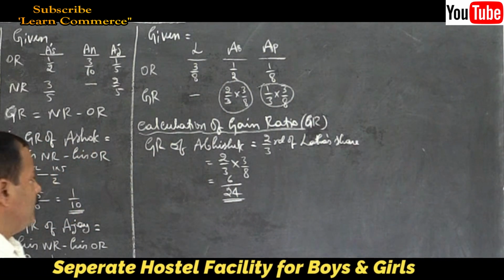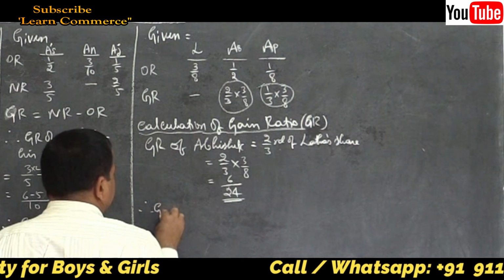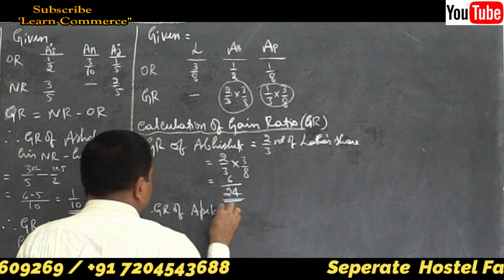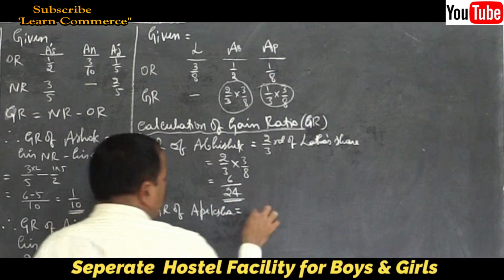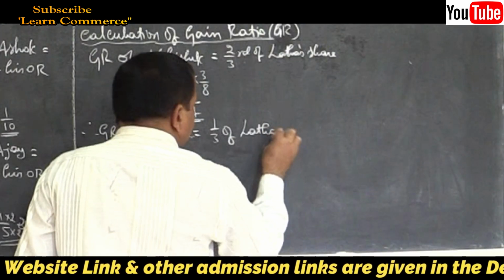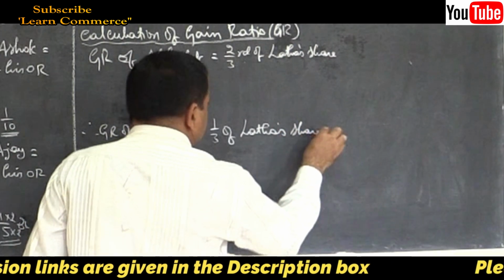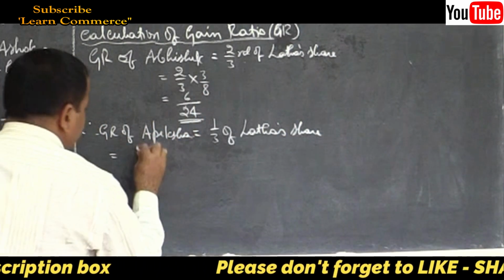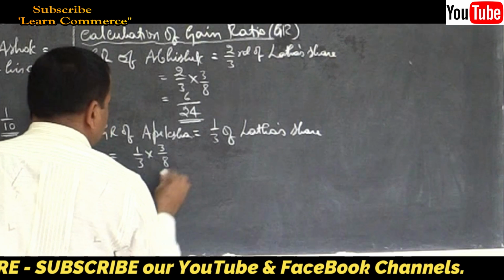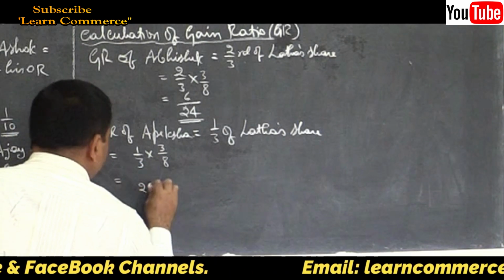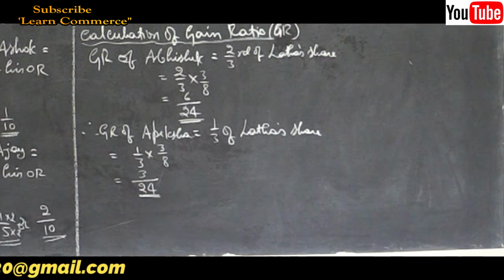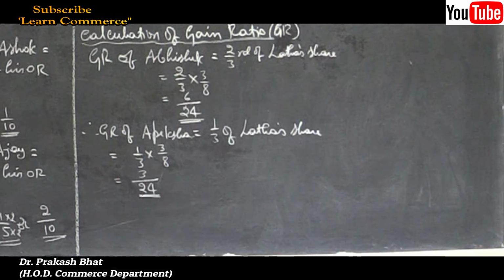Therefore, GR of Apeksha is equal to 1/3 of Lata's share, that is 3 by 8, equal to 24 as denominator, numerator 3. So 3 by 24. That is the gain ratio.